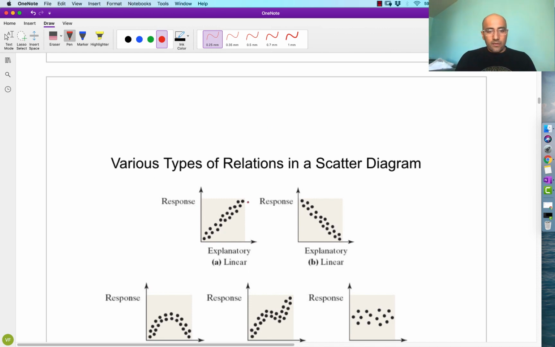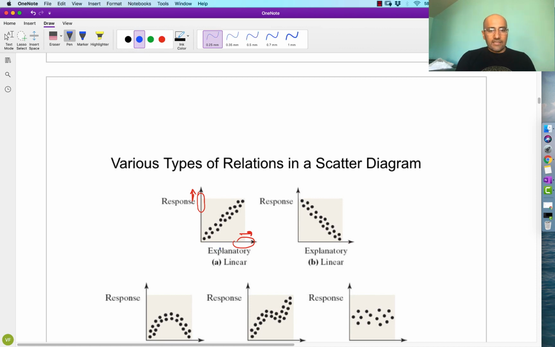As we take our explanatory variable, the larger values are associated with the larger response variables. As we go in this direction, we end up getting the larger values in the response.